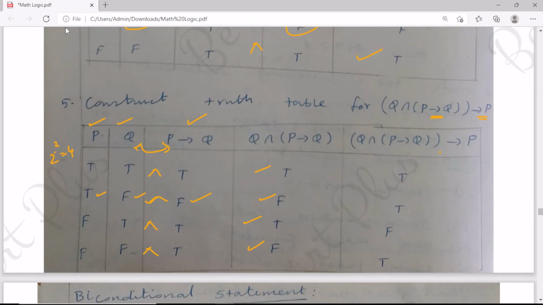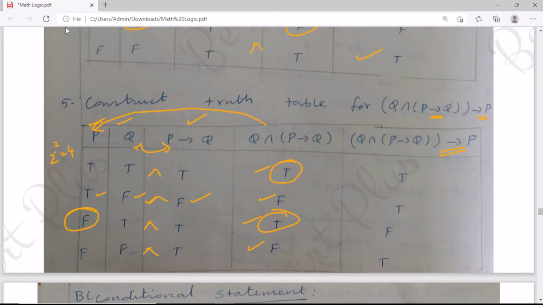Next we have to apply the conditional operator between these two, that is Q and P conditional Q, conditional P. This takes a false value only when Q and P conditional Q has the truth value true and P has the truth value false. That exists only for the third case alone.